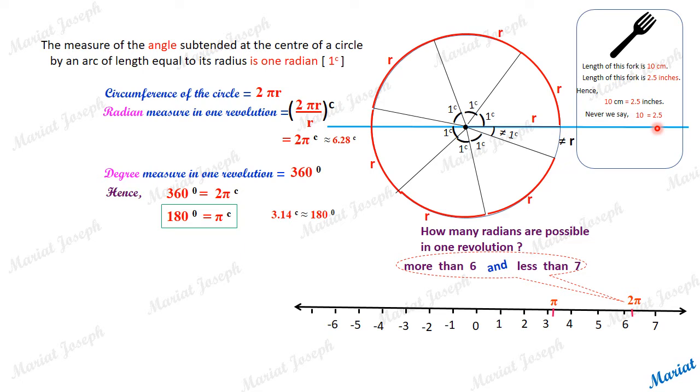No. We do understand the meaning: 10 centimeters are equivalent to 2.5 inches. That doesn't mean that this 10 and 2.5 are equal. That is exactly what happens when we speak about angles. 180 degrees are equivalent to pi radians. But we never say 180 and pi are equal. We never take pi is equal to 180. But pi radians are equal to 180 degrees. That is the correct statement.